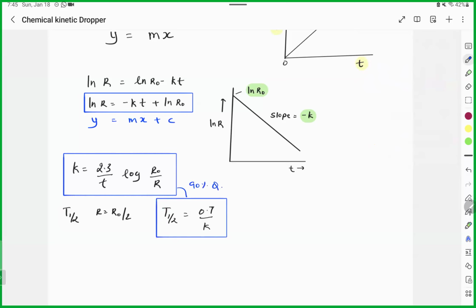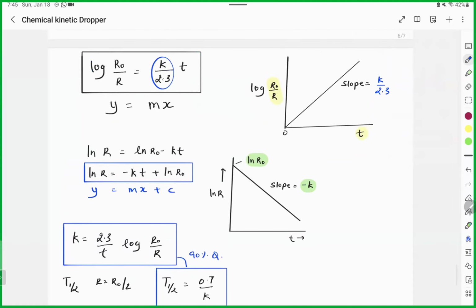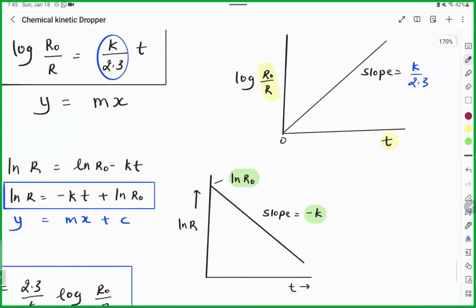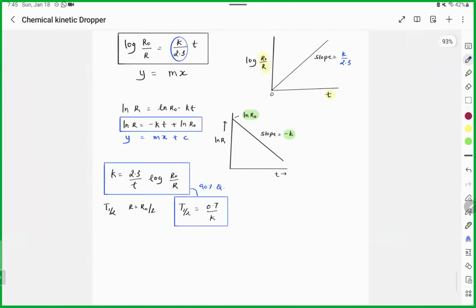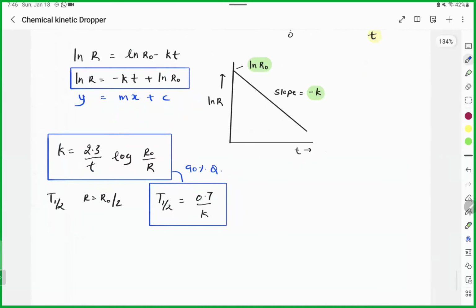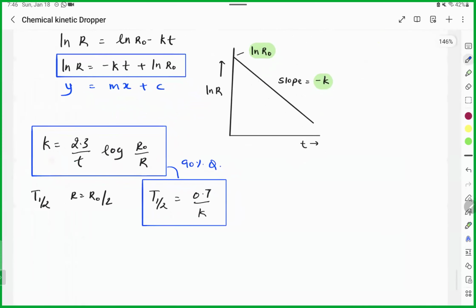But if they want to ask a difficult or tricky question, they will give a graph. And I have seen in both JEE and NEET you have graphs. Understood? So for basic questions, you can solve using these two formulas only. But if you want to make sure your chemical kinetics is perfect, then you should know how to draw the graph depending upon the situation. It depends on what is given.